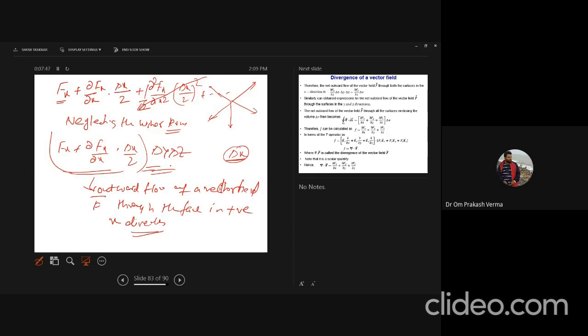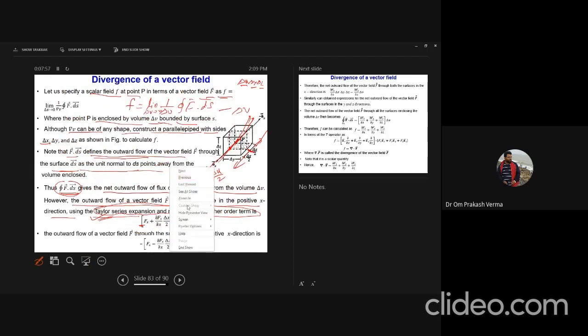In a similar way, you can adopt the same procedure. You can calculate the outward flow of the vector field through the surface in the negative x direction. So in the negative x direction, it becomes negative.